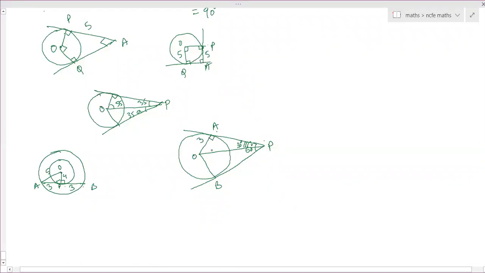Which ratio can we use? Trigonometry. Cos? You don't have the OP value. You have only the radius. The opposite side value is known, the adjacent side is not known. Tan 30 is equal to OA by AP. Tan 30 is 1 by root 3, equal to OA which is 3, by AP. So AP is equal to 3 root 3 centimeter.